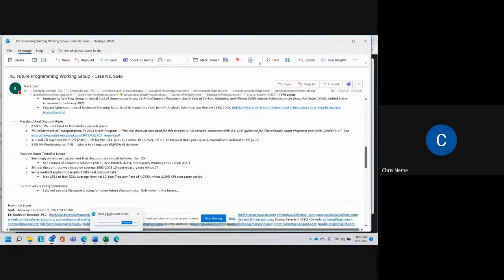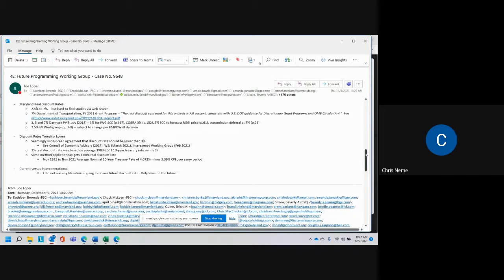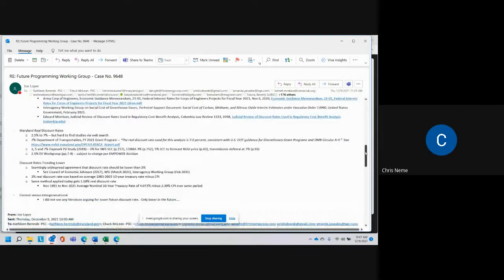Joe, I just wanted to add one more thought on the extensive set of references and discussions you've had on discount rates, which has to do with risk. While discount rates are principally about time preference for money, I think that's true only if different risk profiles of the resources you're comparing to each other have been monetized.